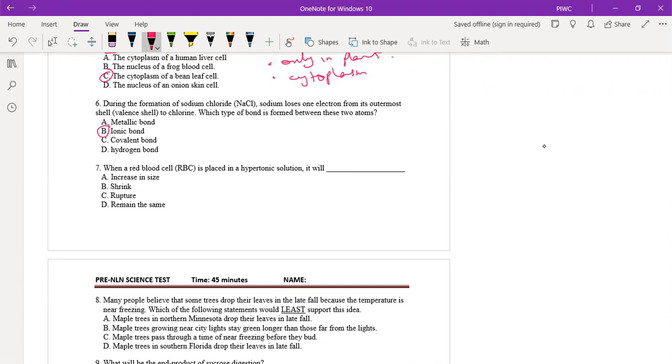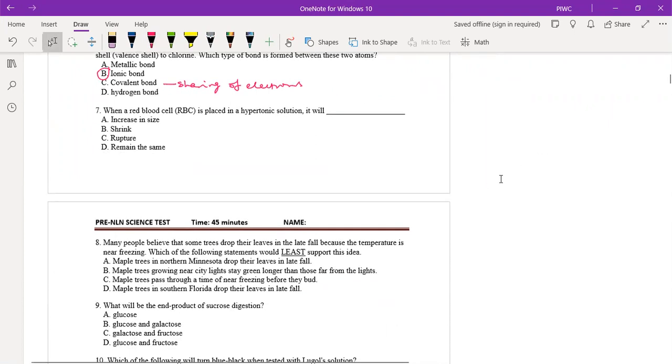Covalent bond is sharing of electrons. Okay, that's good. Metallic bond is formed within a metal.